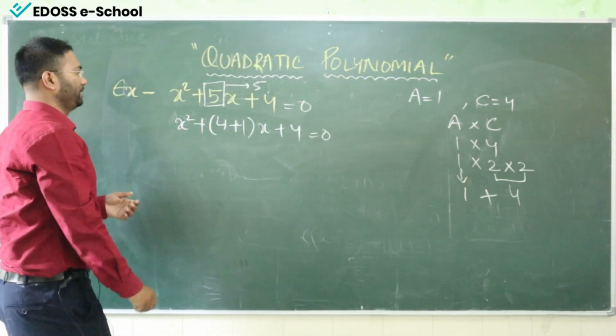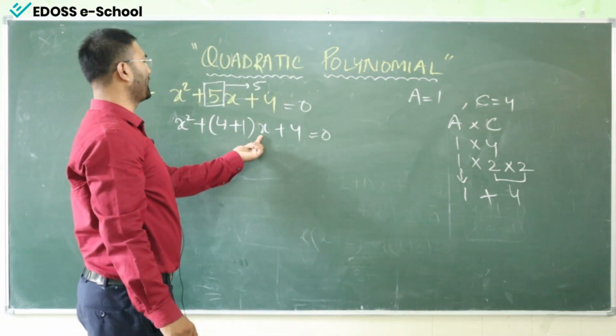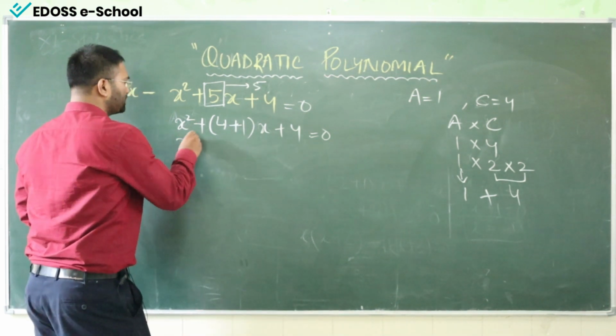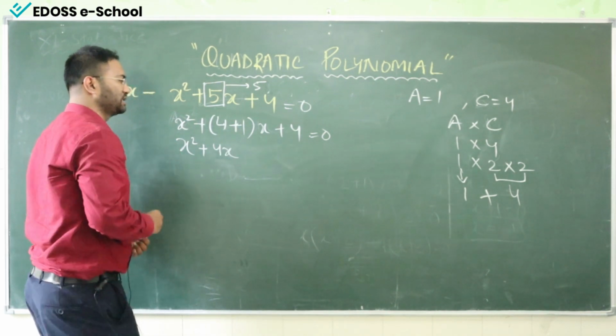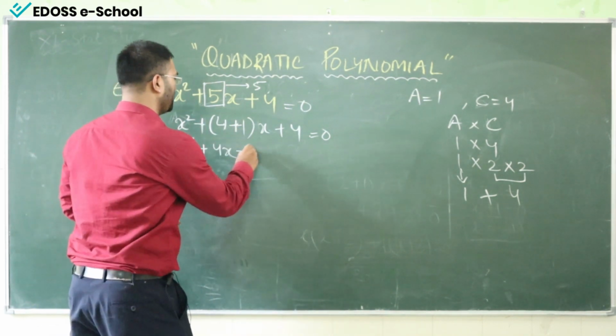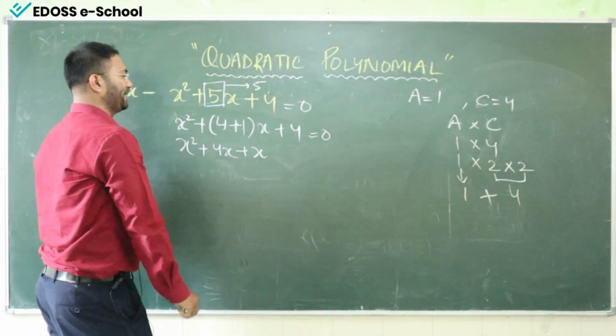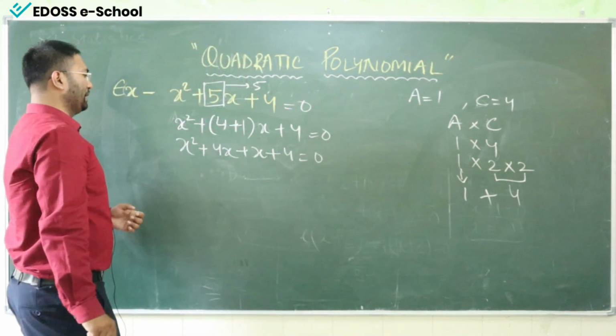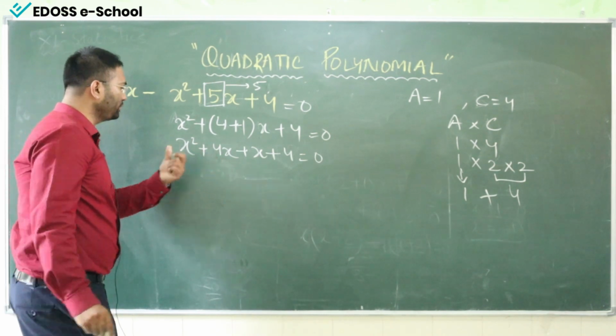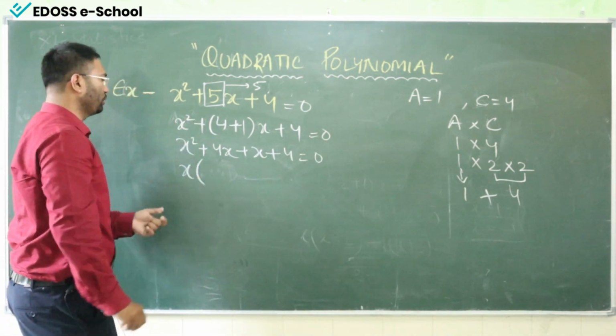Let's solve this. As you can see, out of the bracket there is x, and we must multiply this x first with plus 4, which will give us 4x, and with plus 1, which will give us x, and the rest of the things will remain the same. Now out of these two, what is common? x. What is left?